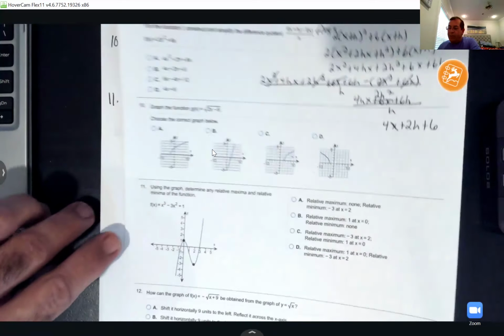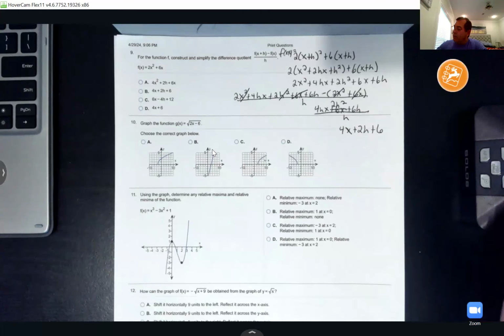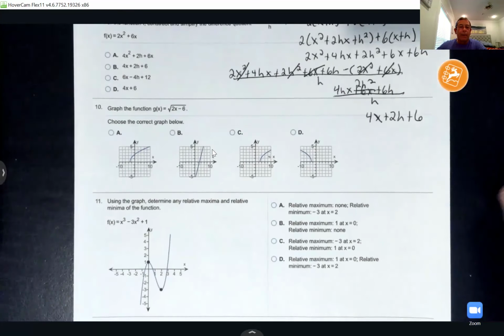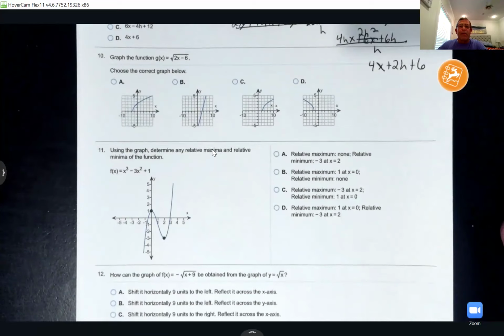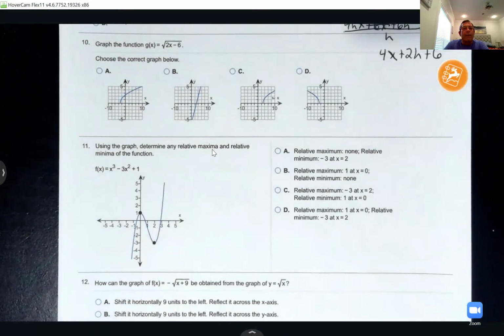All right, so I'm going to put this picture on here also. So let me zoom in just a little. Whoops, wrong way. And I'm wanting to zoom in on this graph right here. So this one says, using the graph, determine any relative maxima and relative minima.